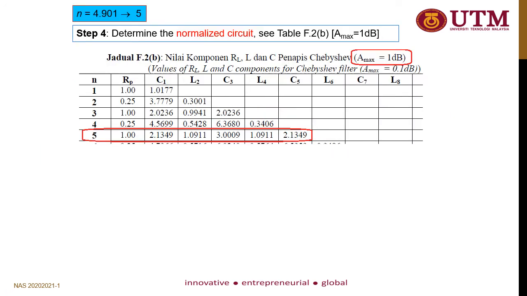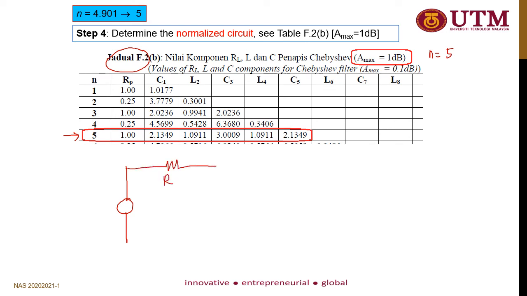Next, if the question asks you for the normalized circuit, again remember your n equals 5 in this case, and Mx equals 1 dB. So refer to table F.2b for Mx equal to 1 dB, n equal to 5. Then you need to draw the general circuit sequence depending on how many components you have.